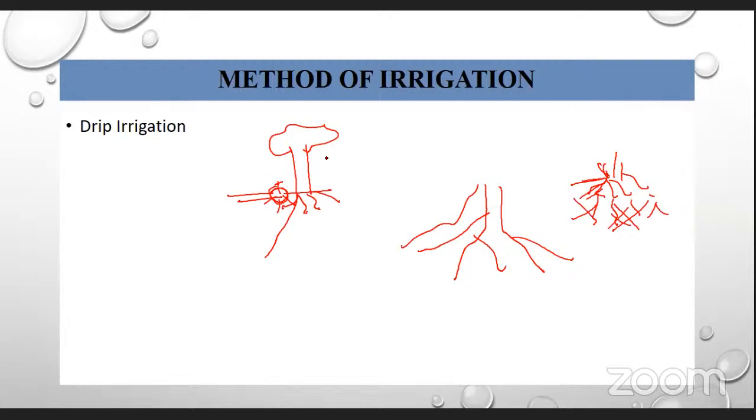Because of that, the trees will be weak in anchorage, meaning their capacity to hold the soil will be less, and this is also our demerit over here. Okay. I hope I have made everything clear.